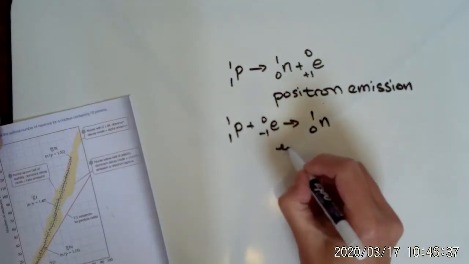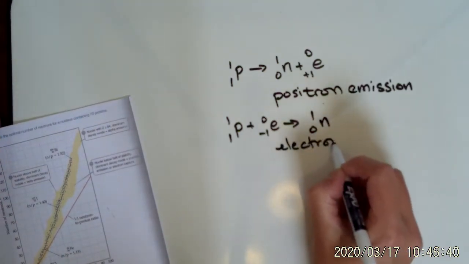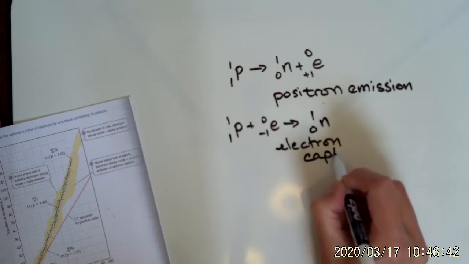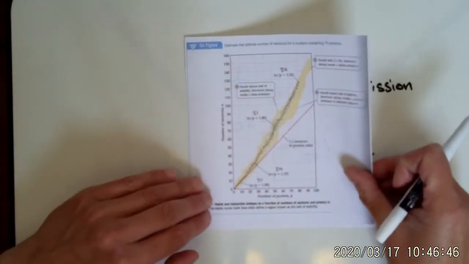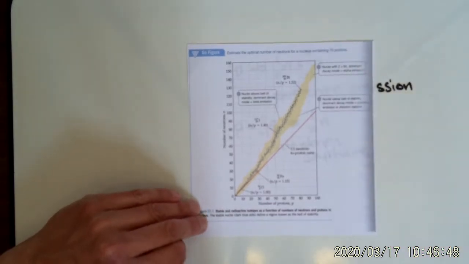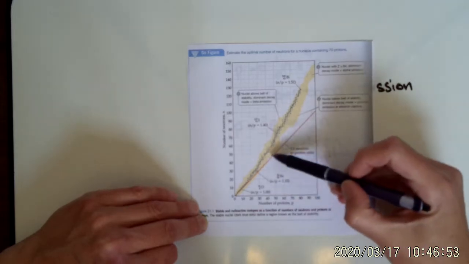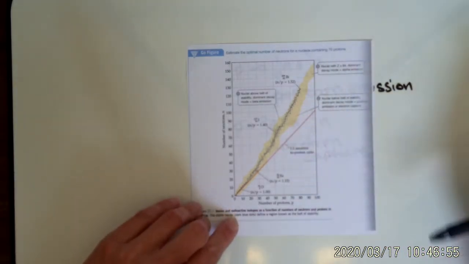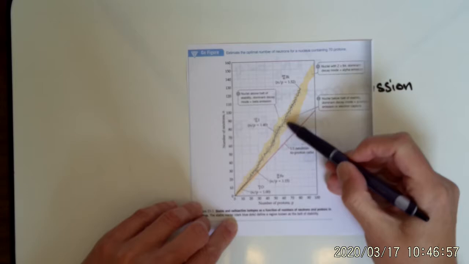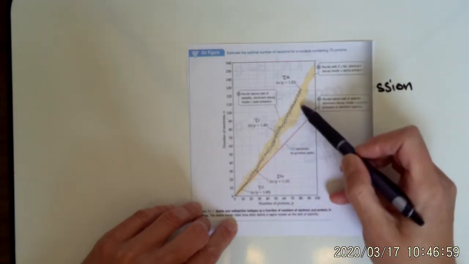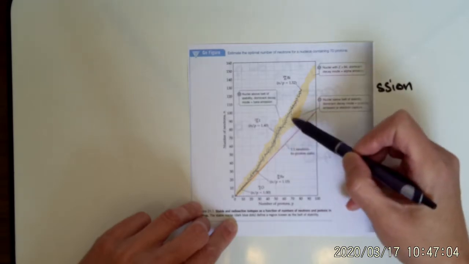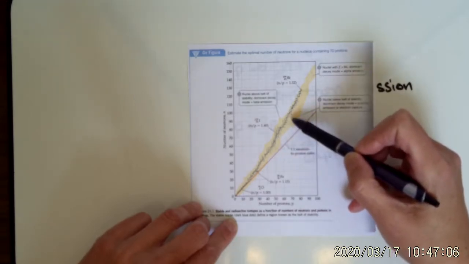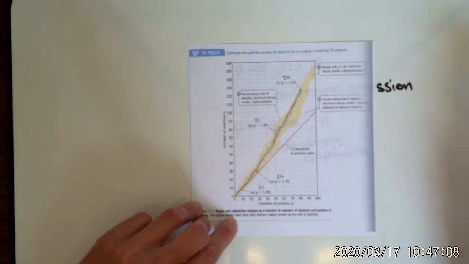Okay? So, given your graph, any of your radioactive isotopes that are found below the dark line, all these yellow dots here, will basically decay through positron emission or electron capture.